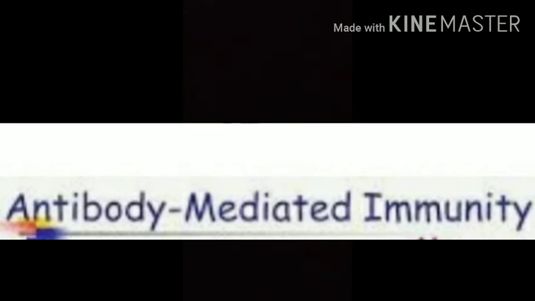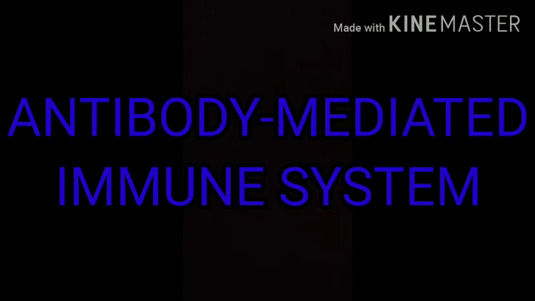Humoral immunity is also called antibody mediated immunity. With assistance from helper T cells, B cells differentiate into plasma B cells that can produce antibodies against a specific antigen.